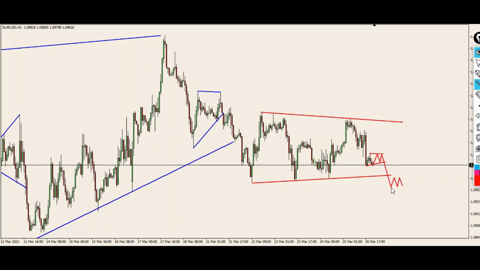This is what I've been forecasting recently with EURUSD, and we are anticipating drops to the low. So overall, when it comes to the bias, the overall bias when it comes to EURUSD, we are anticipating sells.